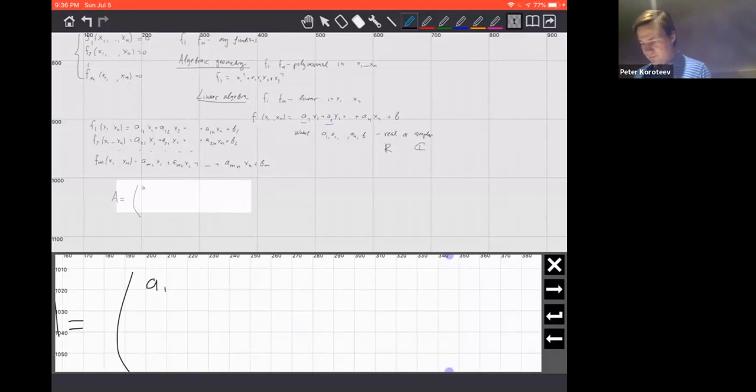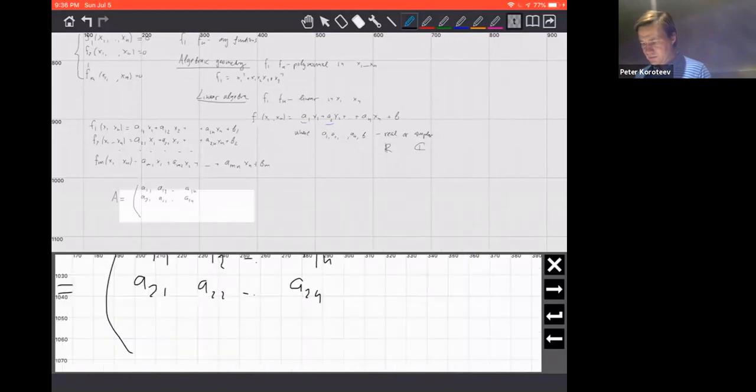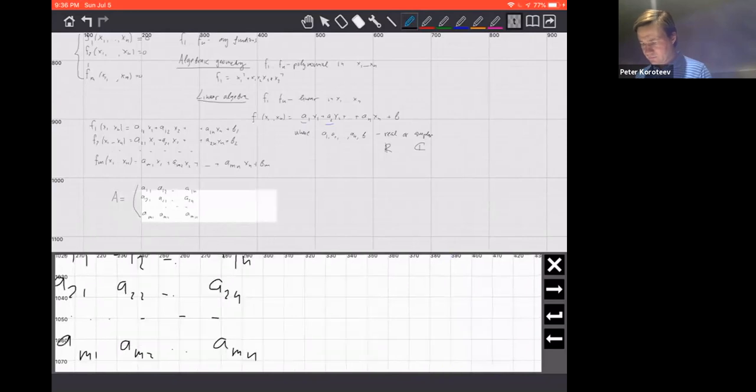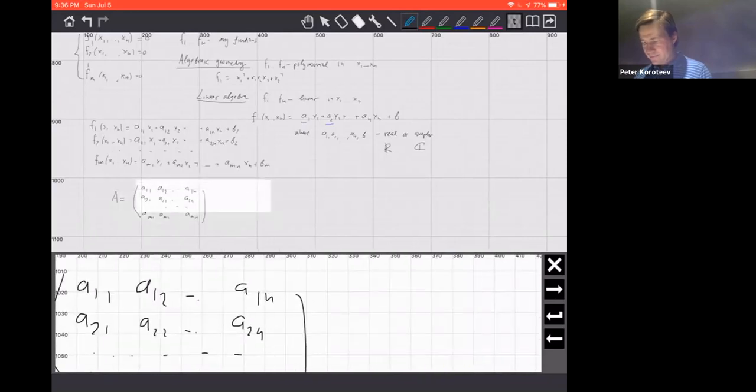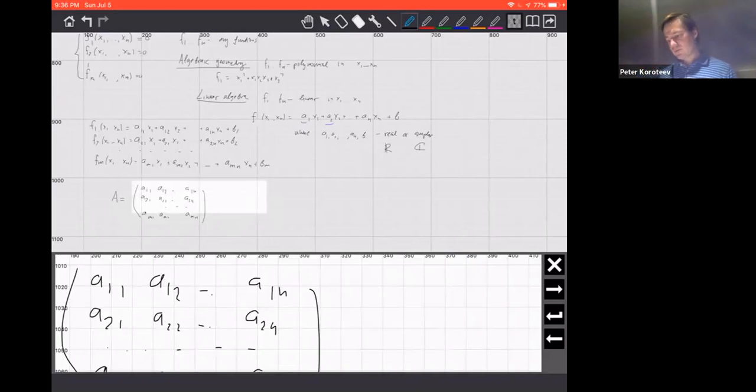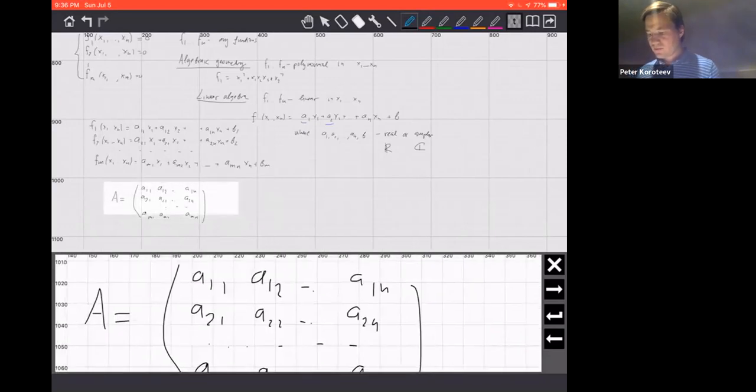So we have a11, a12, and so on, a1n, a21, a22, a2n, and so on, down to am1, am2, amn. And then we'll use matrix calculus, operations with matrices, to solve these systems of linear equations.